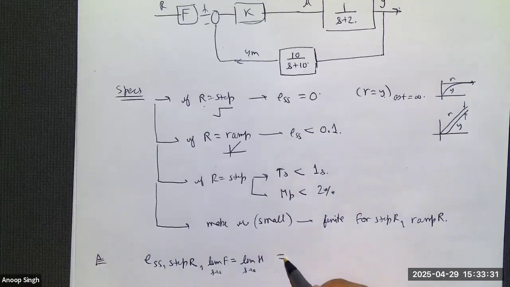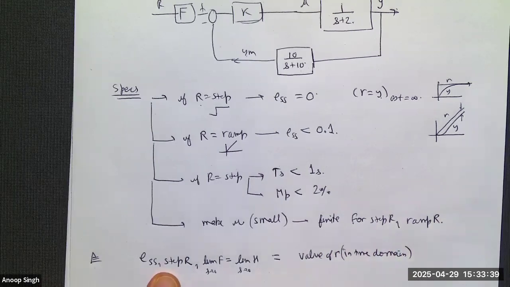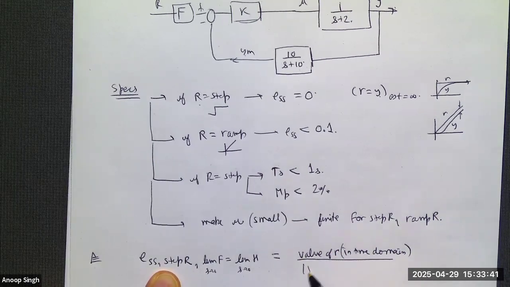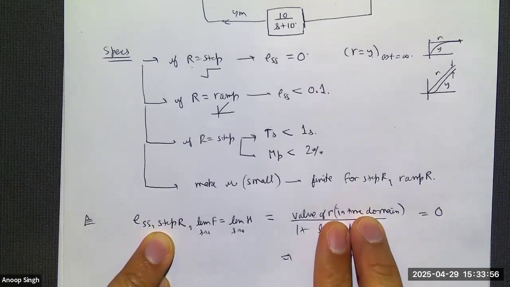So when this is true, the error would be equal to the value of the reference command in time domain, the actual value of your constant step reference command, divided by 1 plus limit s goes to 0 of G and K and H. I want this error to be equal to 0. This implies I want the limit of GKH to go to infinity. That's the only way this error is going to be equal to 0.